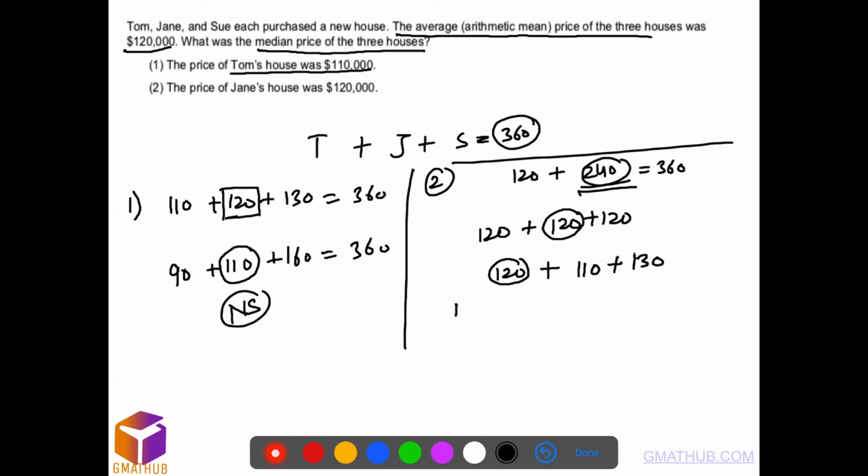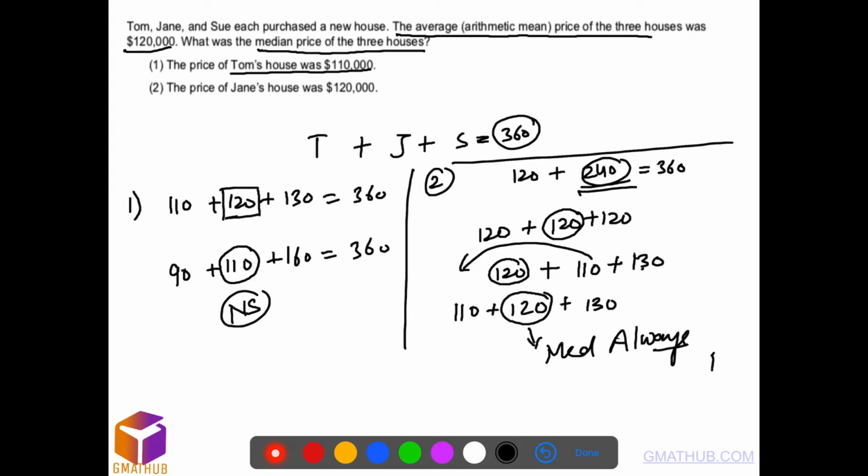Now if we arrange them, the smaller value will come to the left of 120 and the bigger value will be to the right of 120. In this case as well, 120 is the middle term. So this will remain the median always in this case. So this is sufficient. B is your answer.